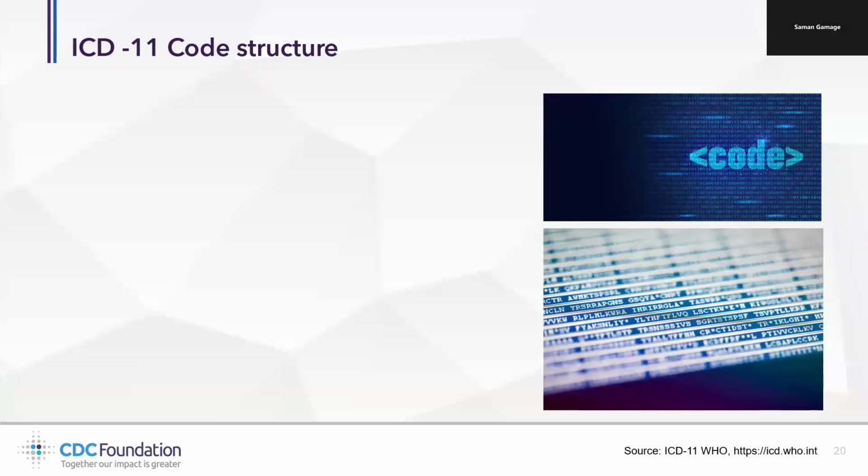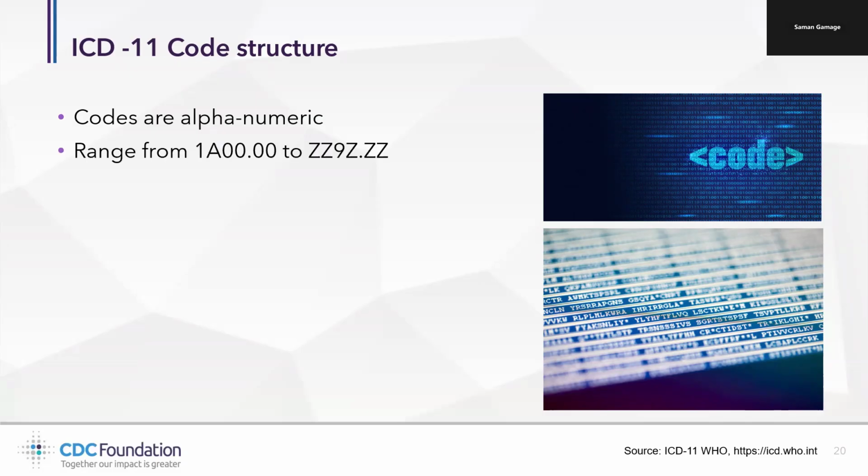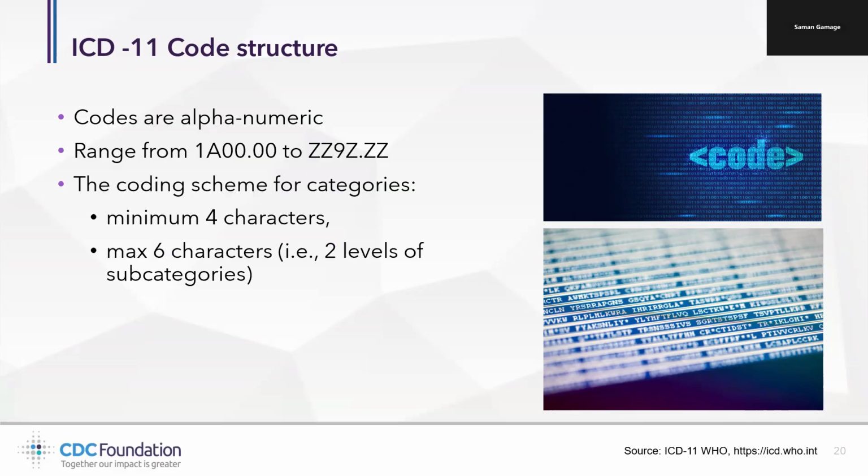Talking about ICD-11 code structure, codes are again alphanumeric, alpha characters and Arabic numbers. They range from 1A00.00 to ZZ9Z.ZZ, with a minimum of 4 characters and a maximum of 6 characters, that is 2 levels of subcategories.